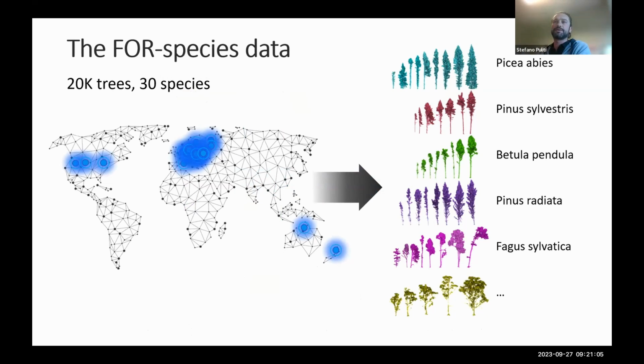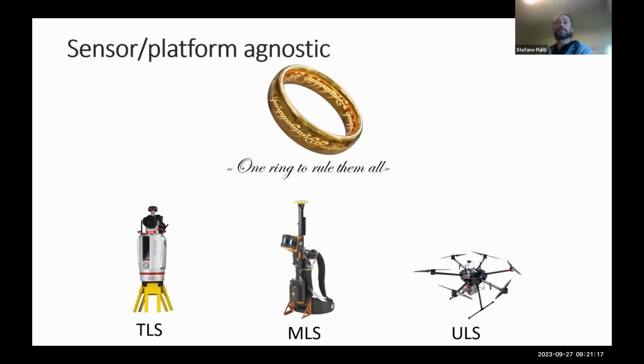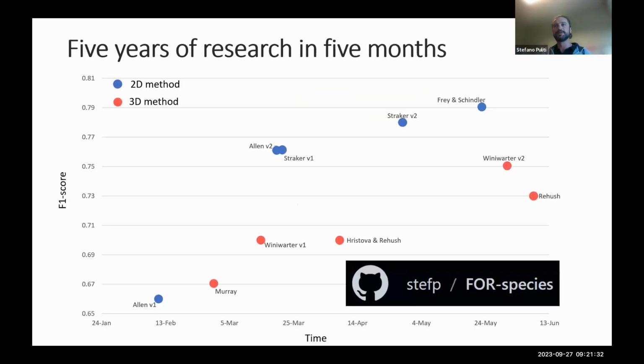We're covering more than 30 species. And this is basically what each data point looks like. It's a single tree with a point cloud. And we want to classify the species. What's important to mention is that it's different sensors, both airborne sensors and ground-based sensors, that are in the data set, so as to build some sort of sensor platform agnostic models.